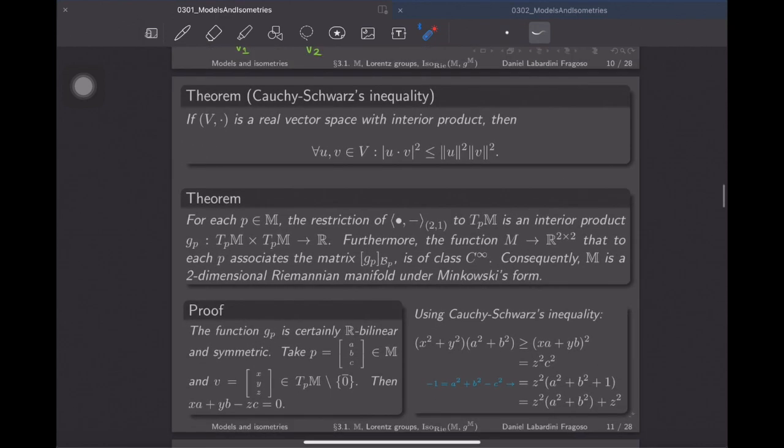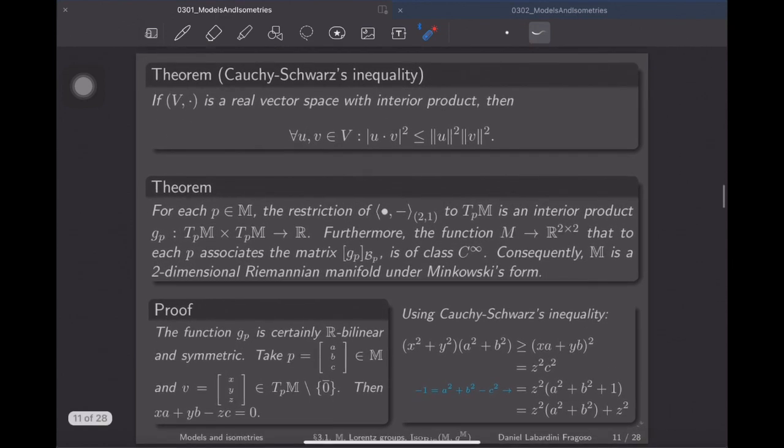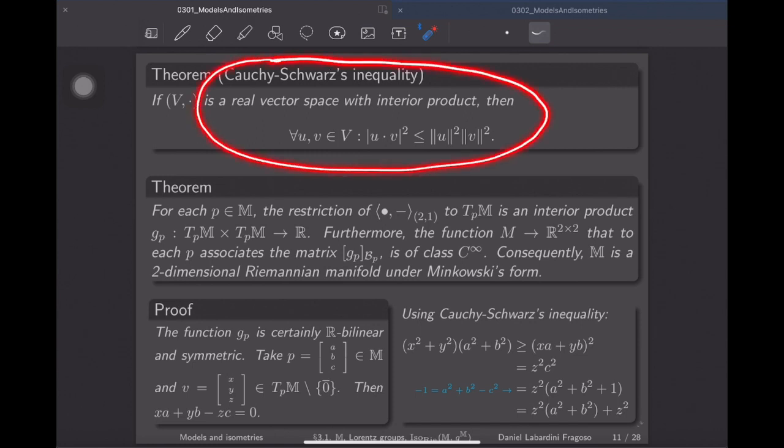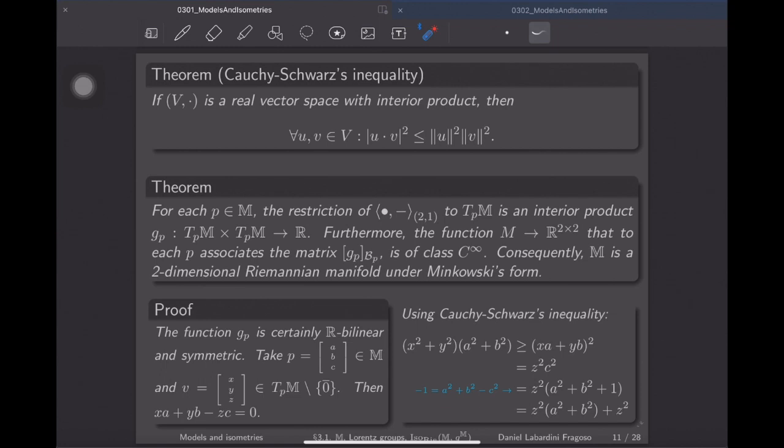Okay, and then, recurring to the Cauchy-Schwarz inequality for the well-known inner product on R2, one can show that for each P, when one takes Minkowski's product but only looks at it on the tangent plane to M at P, on this two-dimensional space, it is an inner product.